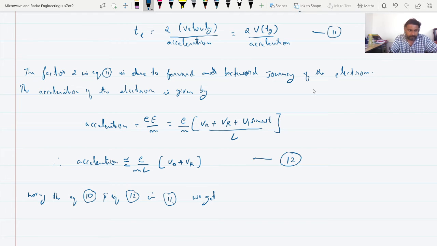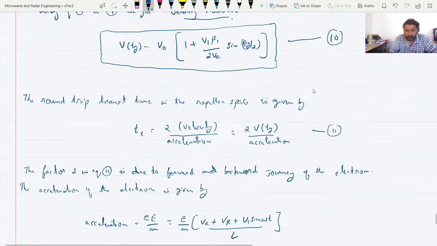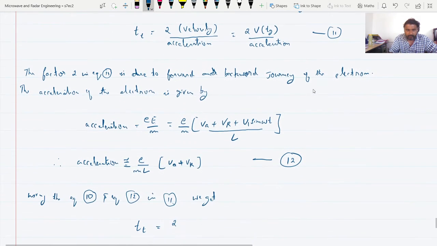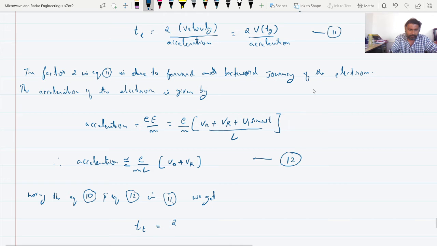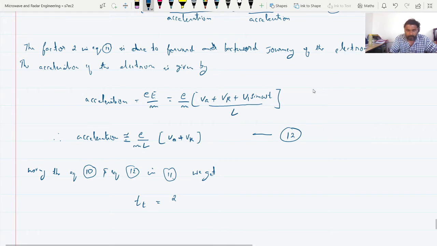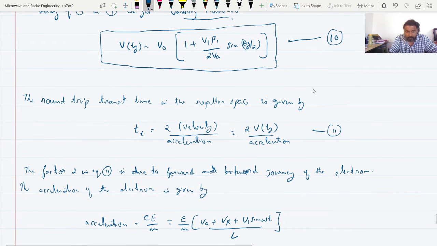We get the transit time Tt is nothing but 2 into V of Tg, which previously is V naught into 1 plus V1 beta 1 by 2 Va sin theta g by 2, divided by the acceleration. The acceleration is nothing but e by m L into Va plus Vr.